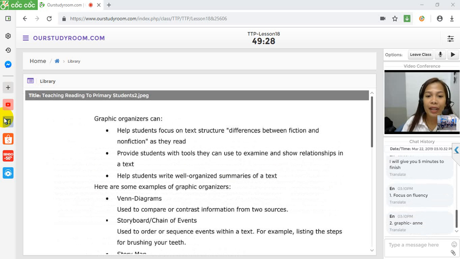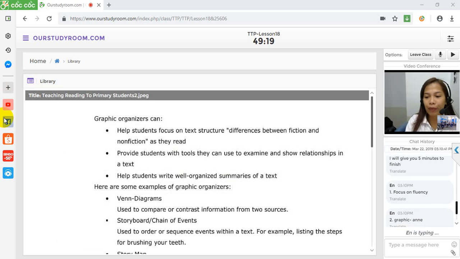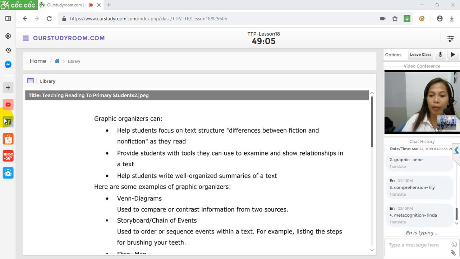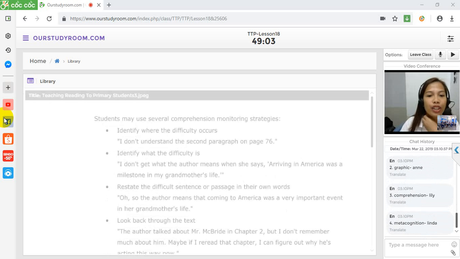Number three, we have monitoring comprehension, teacher Lily. Next, number four, we have metacognition, teacher Linda. That will be your metacognition.